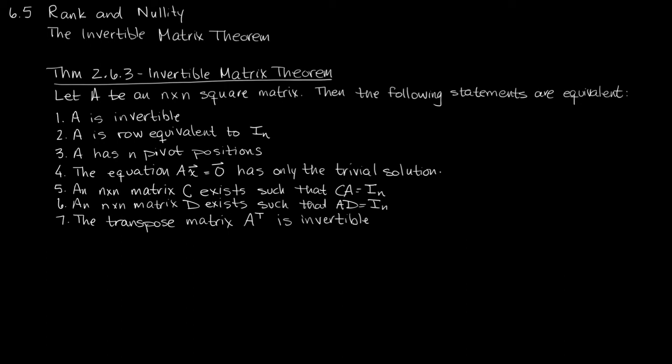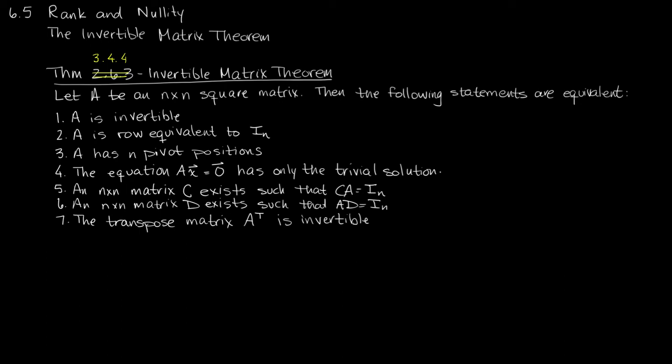Then in section 3.4, we added to that list. We had invertibility, row equivalent to I sub n, and pivot positions. Number 4, Ax equals 0 has only the trivial solution. I'm reading now from theorem 3.4.4, and all the same statements are made.